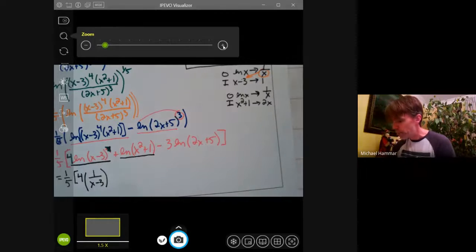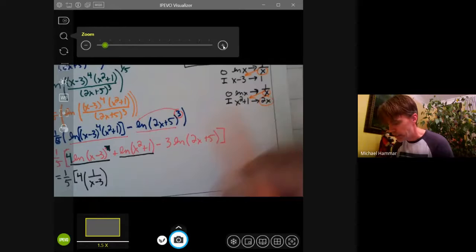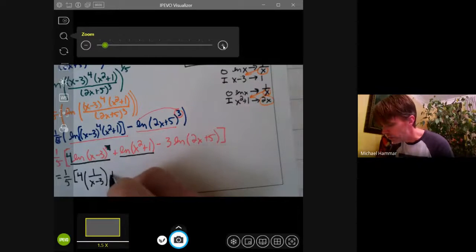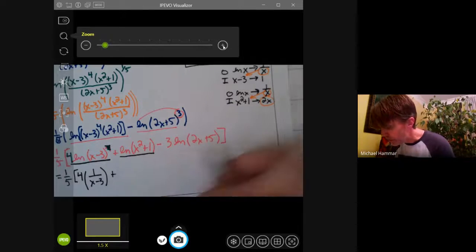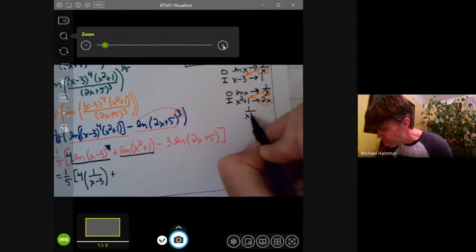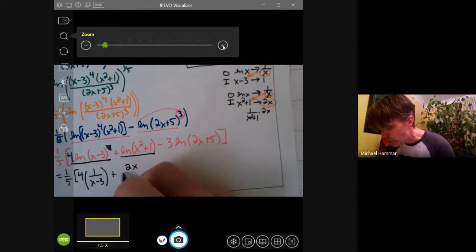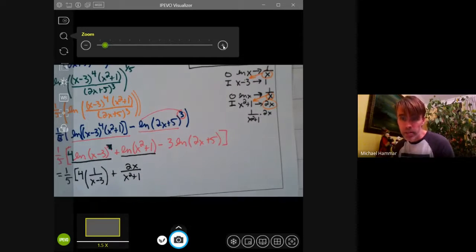So when I put all the pieces together, it's going to be this 1 over x squared plus 1, and then times 2x. So I'm going to put that over here. So it's going to be 1 over x squared plus 1 times 2x. So I'm just going to write it all as one thing. And there is the derivative of that piece.